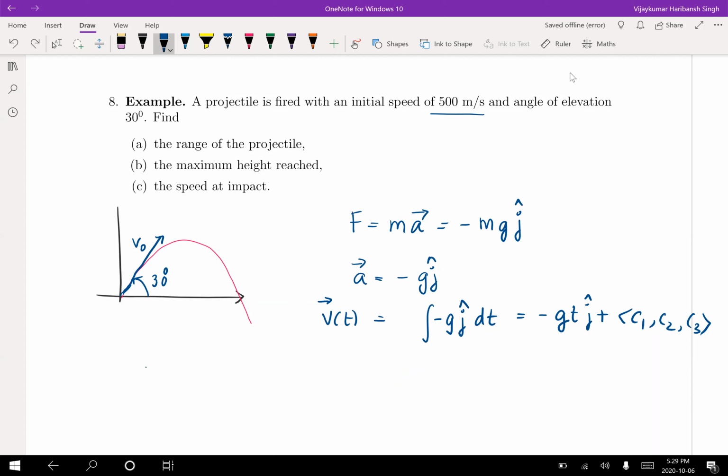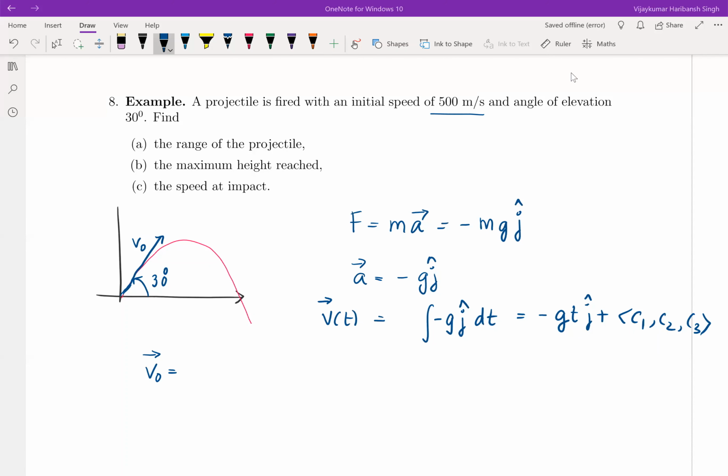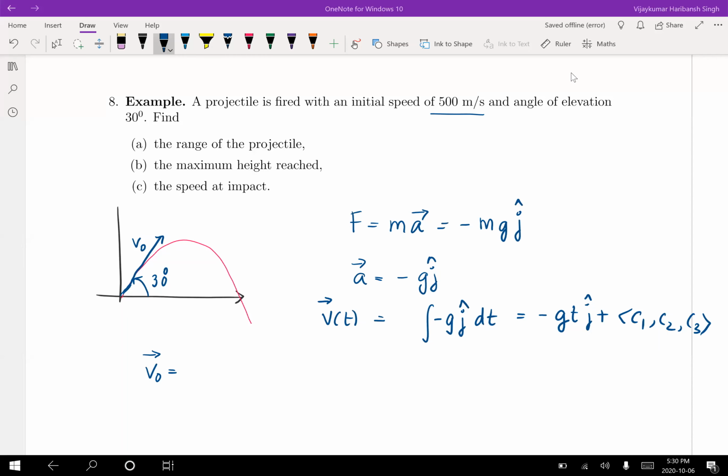So now what is my V0? Since all of this is happening inside the plane, we will not go beyond i and j. So V0 is going to be, how much is in the direction of i is going to be V0 cos 30, plus V0 sin 30 in the direction of j.